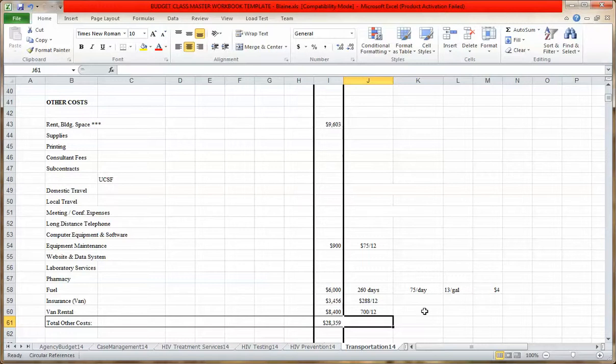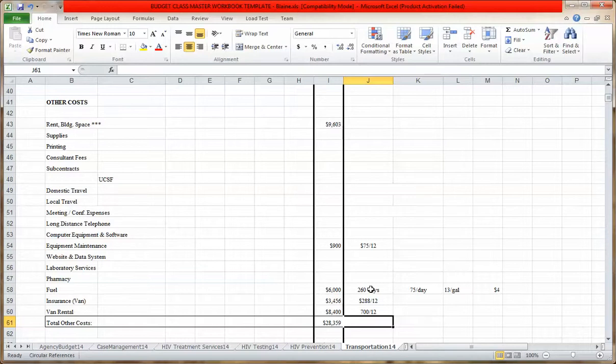But for the purposes of us learning how to think through justifications and some of the costs that we'll need, I have just the van insurance, and we're going to assume that covers the van and any liability if someone falls off of the van, etc. So that's $288 a month times 12 months, which is $3,456.